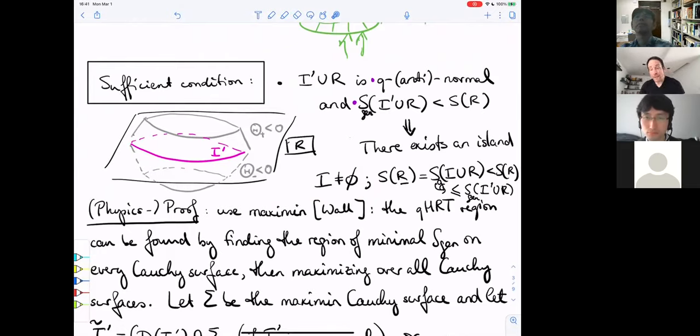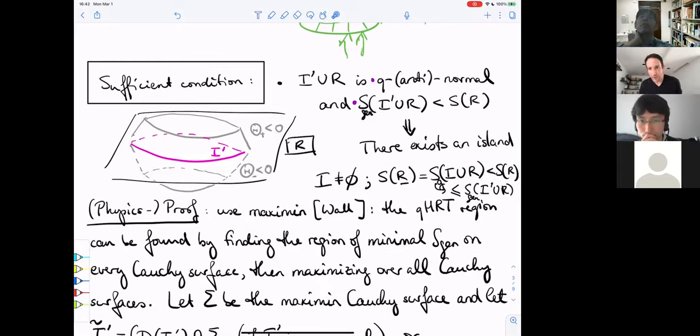And moreover, we can say something about the entropy of R together with the actual island that can be bounded from above by the generalized entropy of this candidate region I prime, which isn't really an island, union R. And it turns out that you can usually very easily find a candidate region that gives you a very useful, very tight upper bound, without solving exactly what the entropy of the matter fields is at all places.